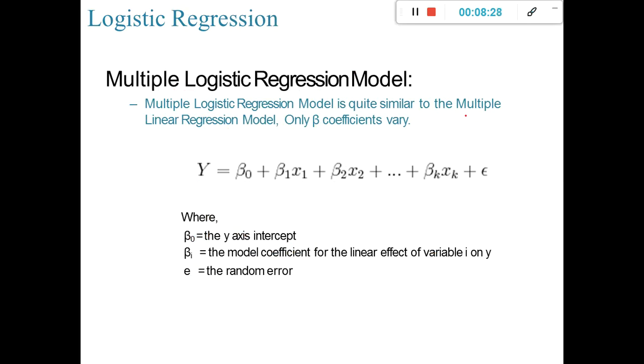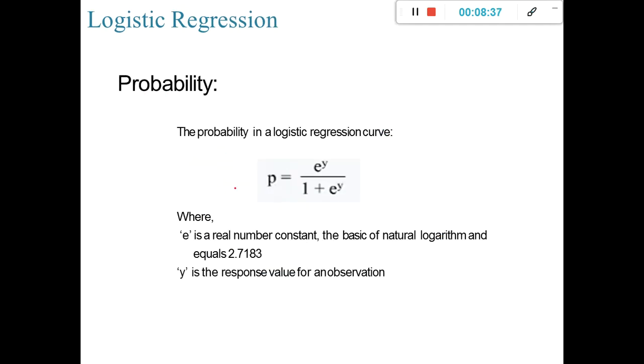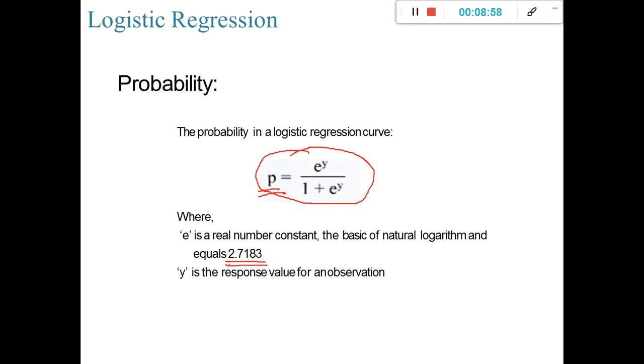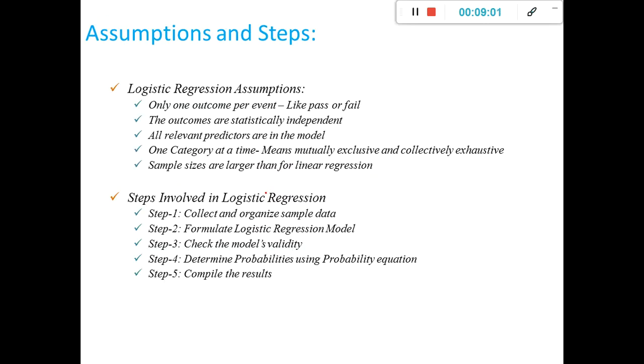And multiple logistic regression model, yes, of course it looks like a multiple linear regression model. This is the model which I have just written, right? And then we get the y value, which is replaced internally by the algorithm in this function to give me the probability, where e is a natural logarithm constant, 2.7183, and y is the response value which I have got over here, which has been replaced over here to get the probabilities.